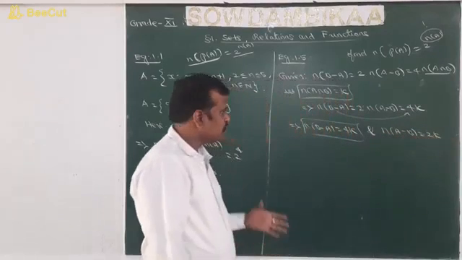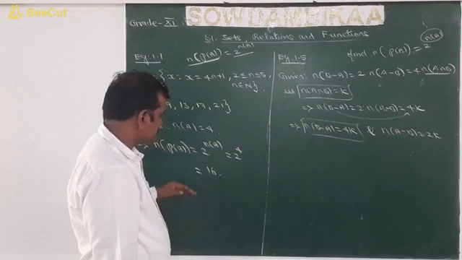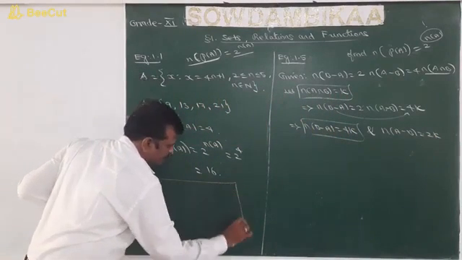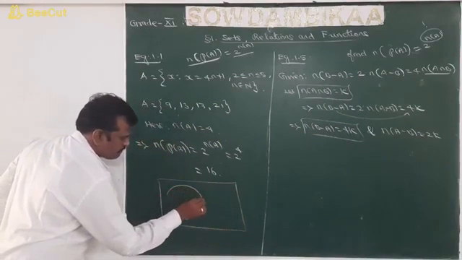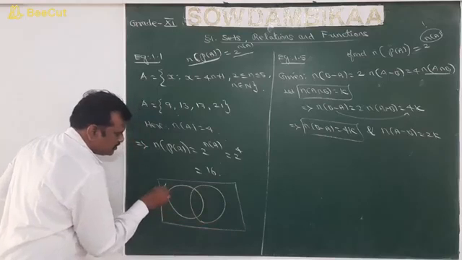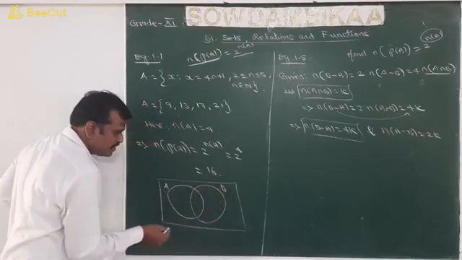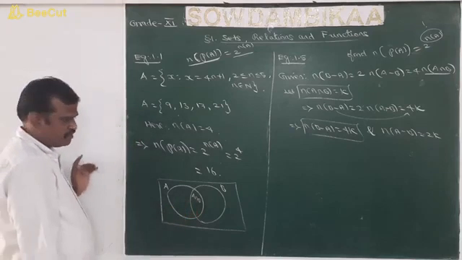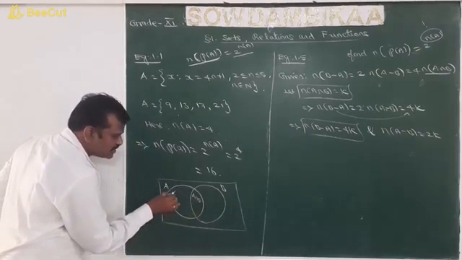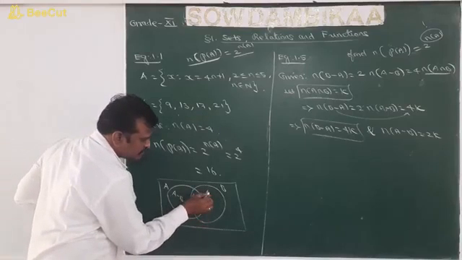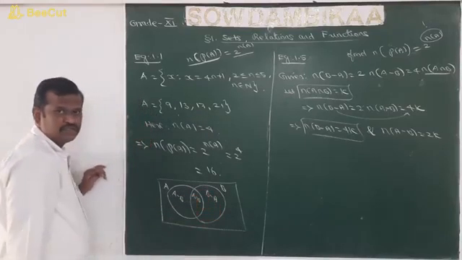2k. So here, look at this Venn diagram. This is A, this is B, and this is of course A intersection B. So this is A only, that is A difference B. This is B only, that is B difference A. Is it clear?